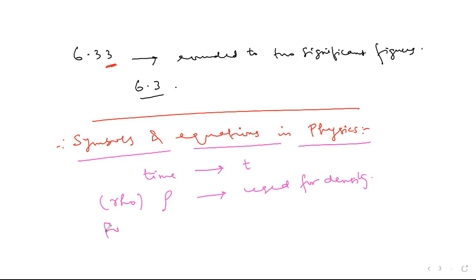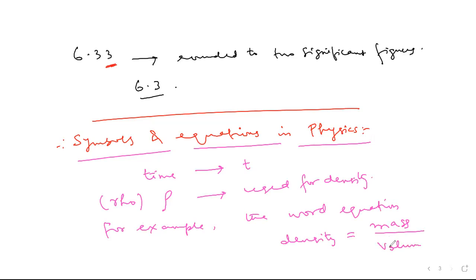For example, the word equation density is equal to mass over volume can be written as rho is equal to m over v.